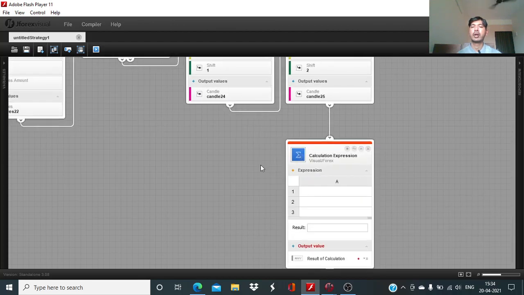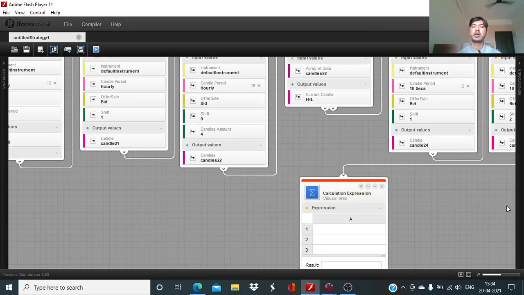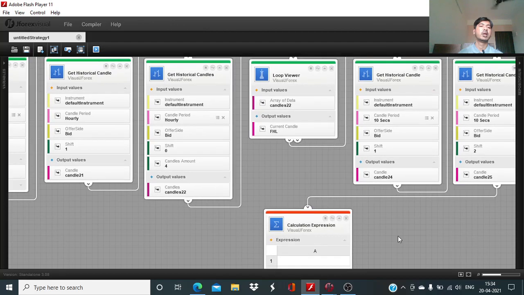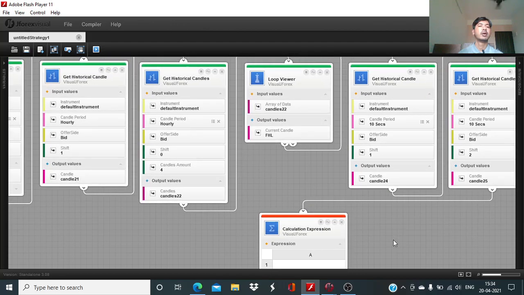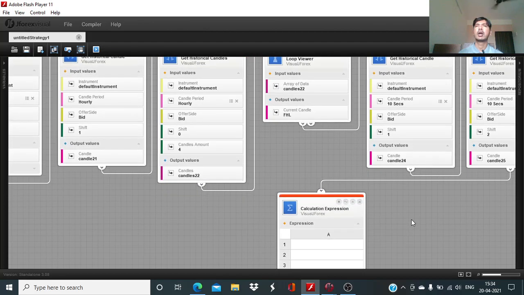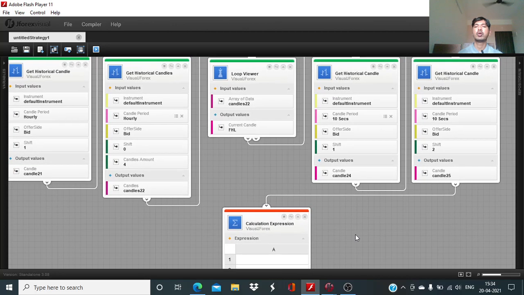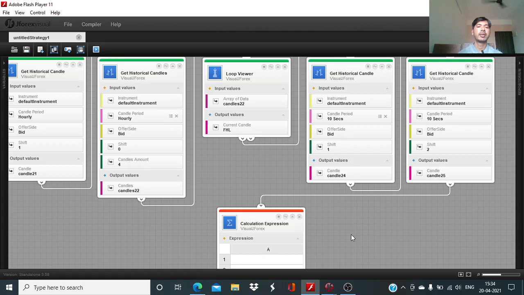Here I will calculate actual difference between the highest and the lowest value, or other way can be done. I think highest and the lowest value should be good enough, or otherwise we can take closing values also. Both ways you can do that.